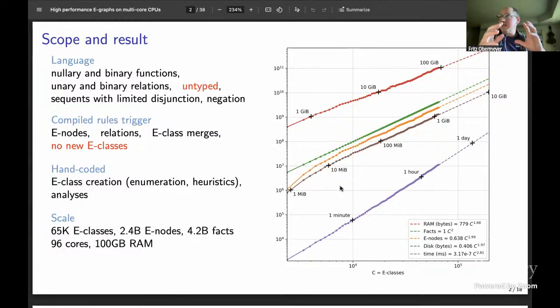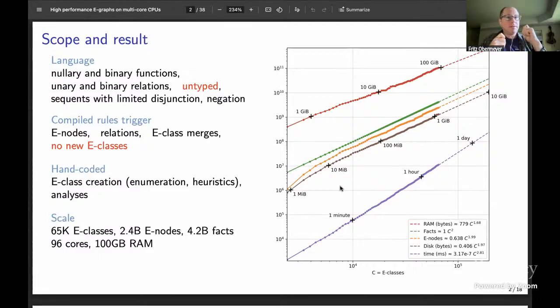The representation has the interface that you can manually insert new e-nodes and e-classes into it using various heuristics, scripts that say, enumerate the simplest million terms and insert them in the eGraph, or take a particular AST and insert it in the eGraph. But then when I trigger equality saturation, none of my rules trigger creation of new e-classes. They're only datalog plus merge triggering.